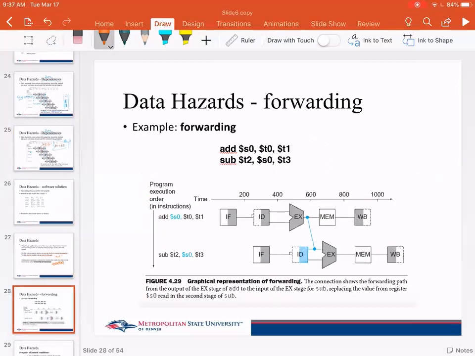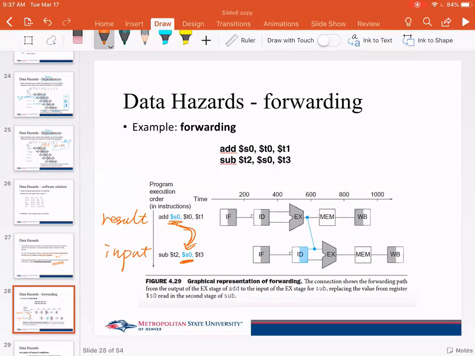Suppose you are calculating one instruction, and your first instruction's result is the same as the second instruction's input.